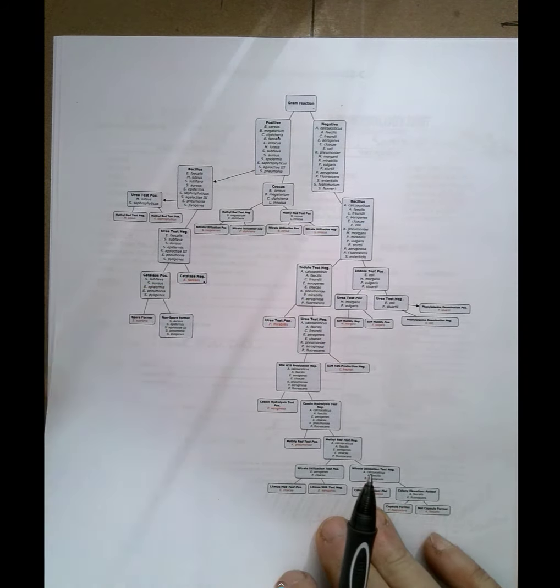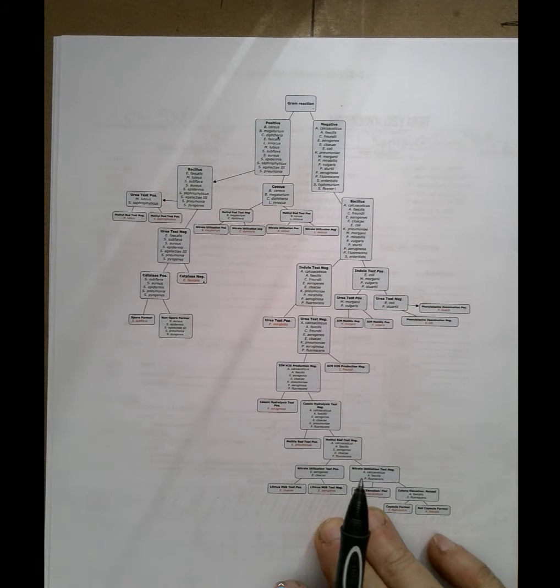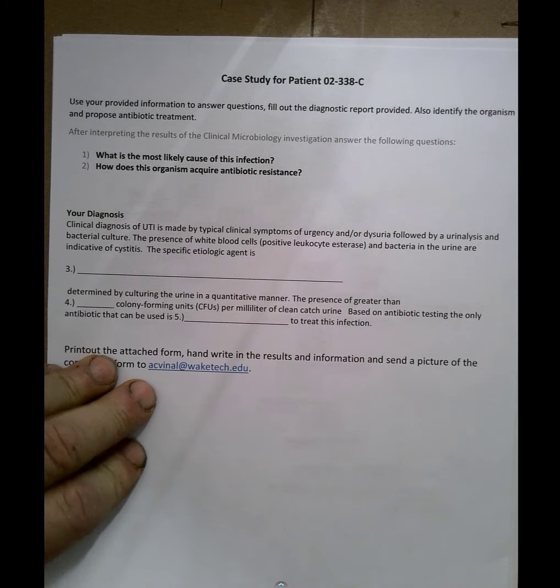Now, in your packet, you didn't get the urea test, so we need to get more of that information to actually conclude what we wanted to address in the original questions. Now, this is aside from the clinical part.